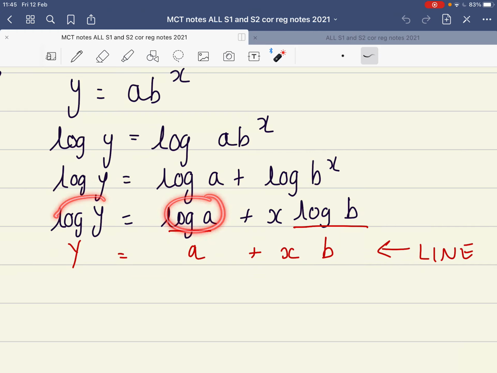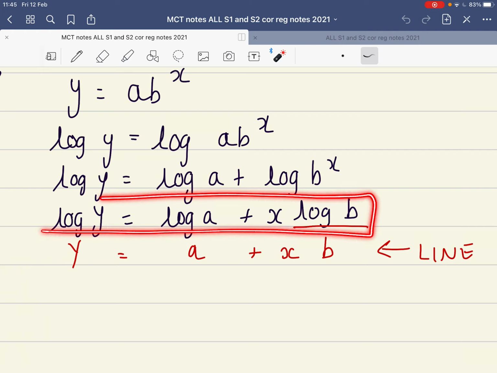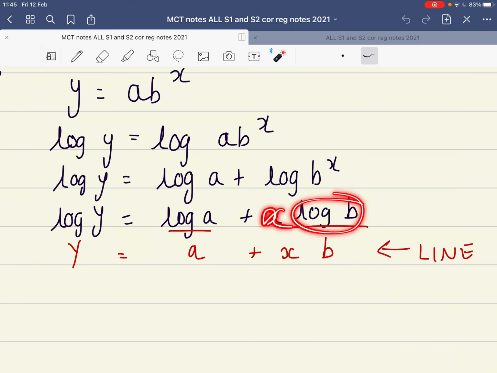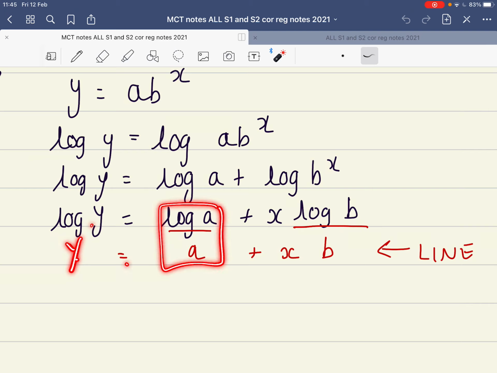Now, if a and b are constants, log a and log b are constants. And this is in the format of a straight line: something equals something plus gradient times something. So I've written underneath big Y equals A plus BX.